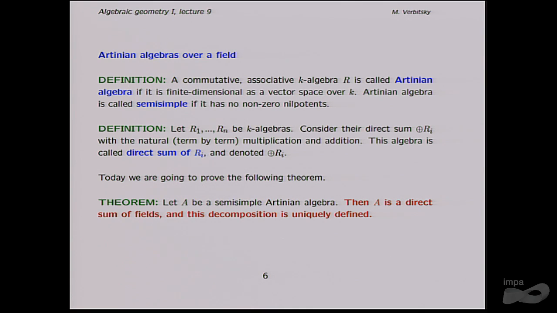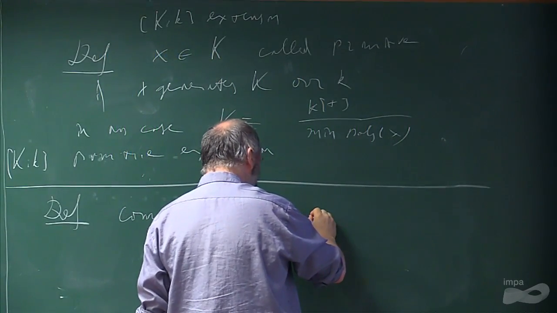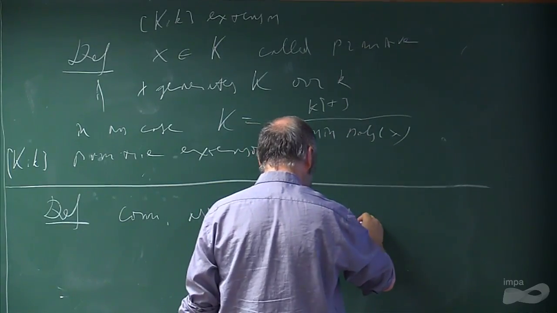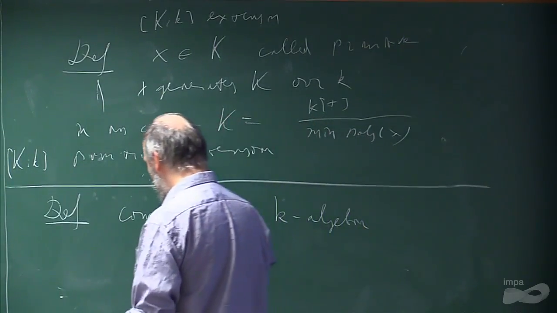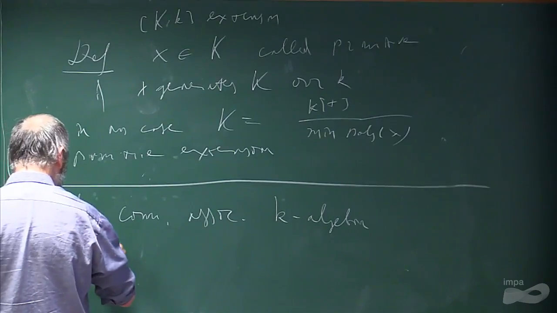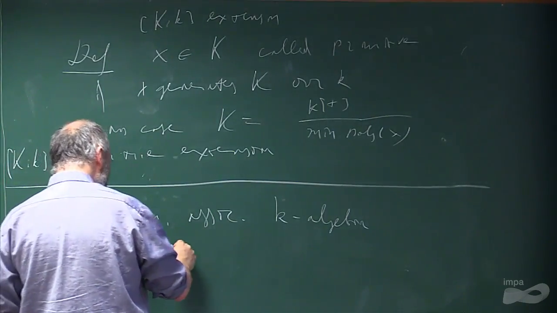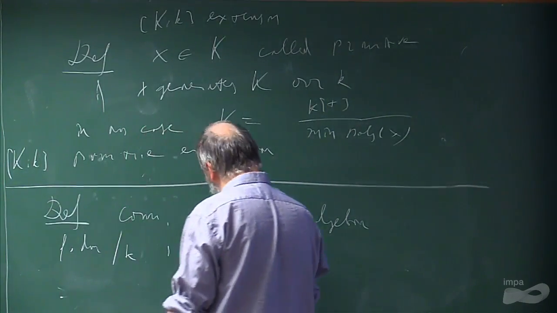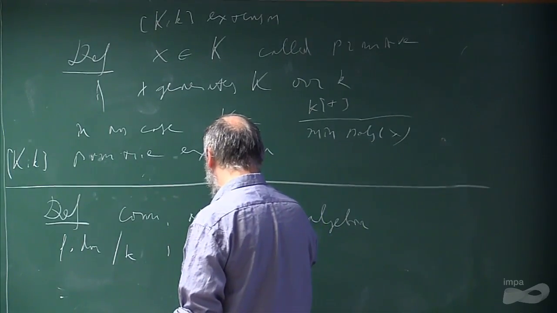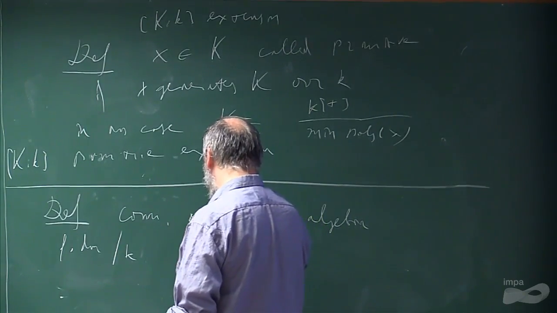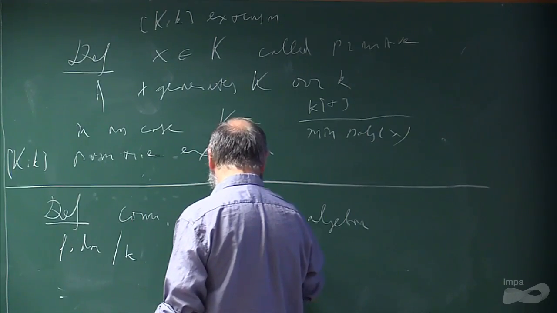But not over C, over any K. So definition: a commutative, associative K algebra which is finite-dimensional over K, could be without unity assumption, is called Artinian.